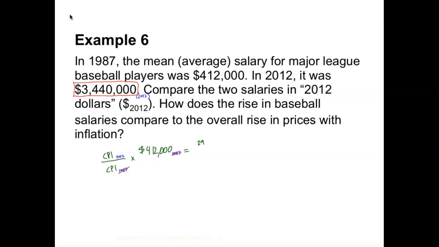So 229.6 over 113.6 times $412,000. So that's about $832,704.23.